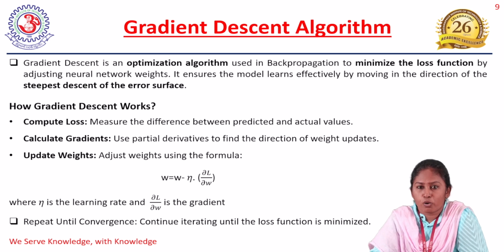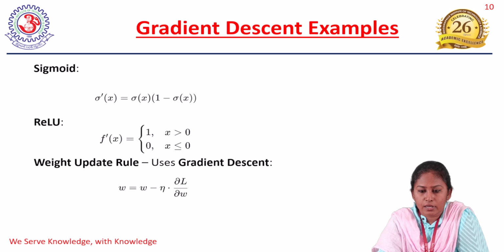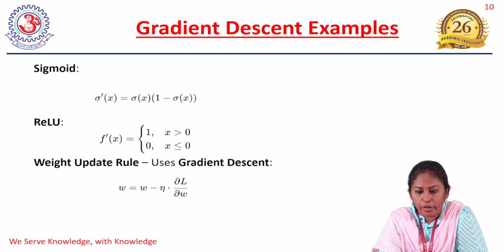This process will be repeated until we get a minimal error or the actual and predicted outputs are the same. These are some examples of the different kinds of activation functions we are using, sigmoid, ReLU, and so on, with the formula which we have already seen in the previous slide itself.